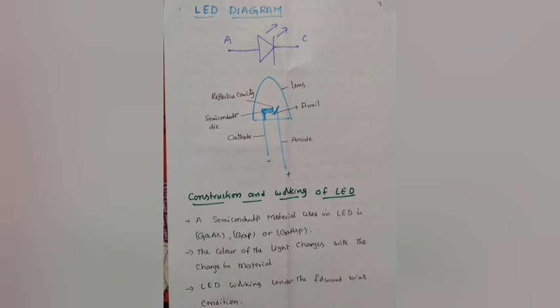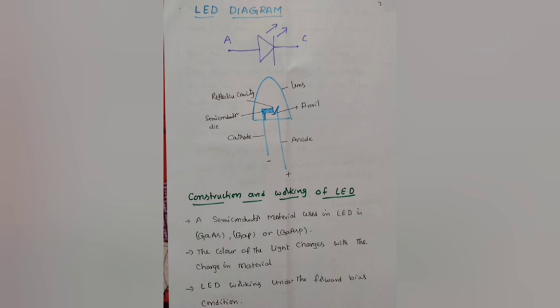So with the help of a special fabrication technology, the p-type material and n-type material are combined. When they combine, suddenly a junction exists between them, which is called the diffusion layer. This is the universal diagram or symbol of LED. The second diagram is the symmetric diagram of LED.